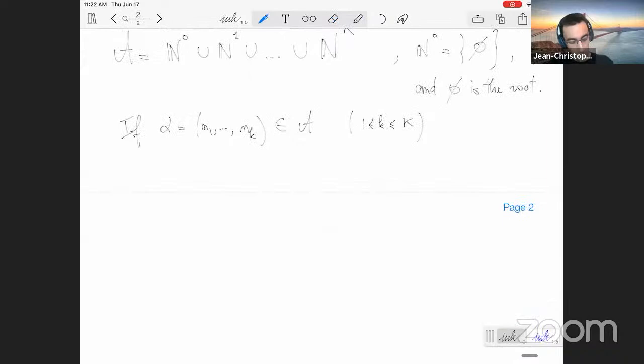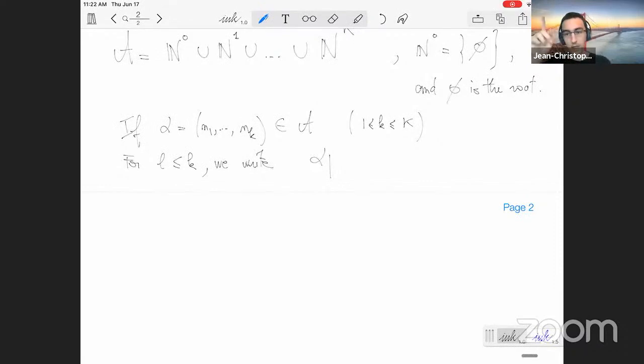Okay, and while I'm at this, I'm going to define a notation for the parent at level L of this node alpha.